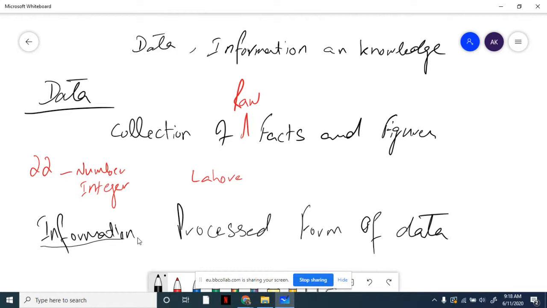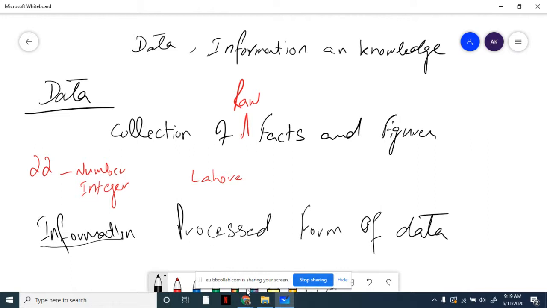हमें नहीं पता लगता 22 क्या चीज़ है. Why it's written here, उसको हमने क्या करना है. But if it is written in a complete sentence, like Lahore right now, क्या है Lahore? Why Lahore? कोई आ रहा है, someone is coming or someone is going or we are going out in Lahore or something. हमें नहीं पता इस बात का. अगर हम इसको process कर देंगे, if it is in the processed form, then it can give us some sense.